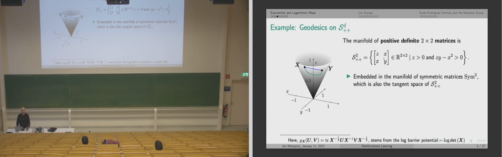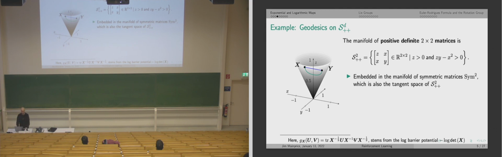But this doesn't provide a good metric for semi-positive definite matrices, and usually the metric that's used for these matrices is the following here. It basically comes from considering a log barrier, so you're trying to avoid the boundaries of what is possible in terms of this cone.